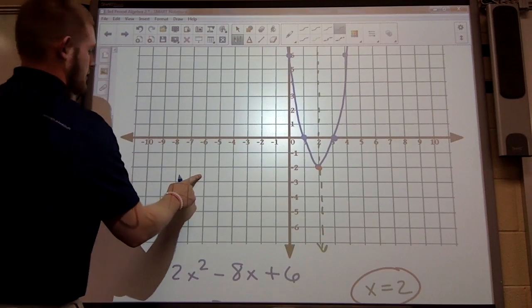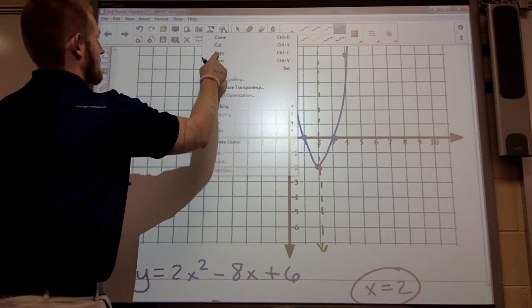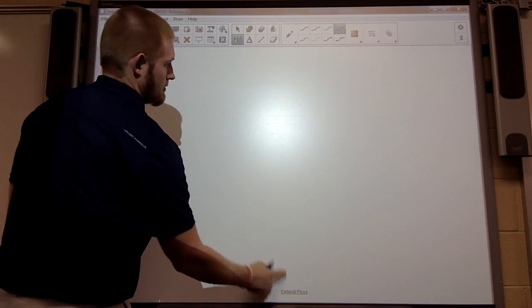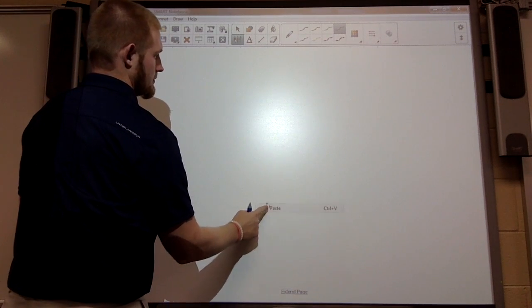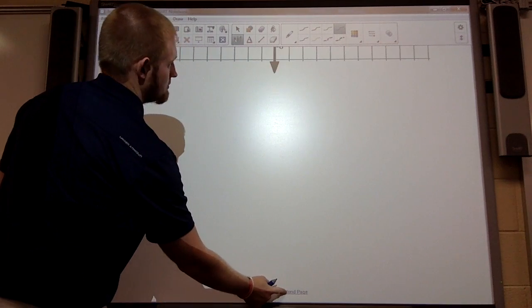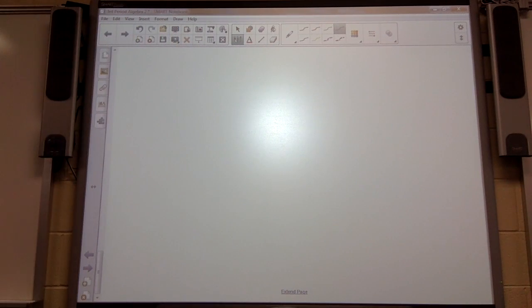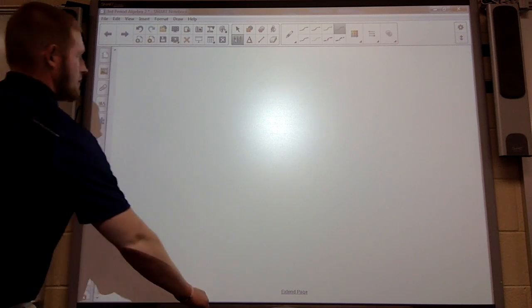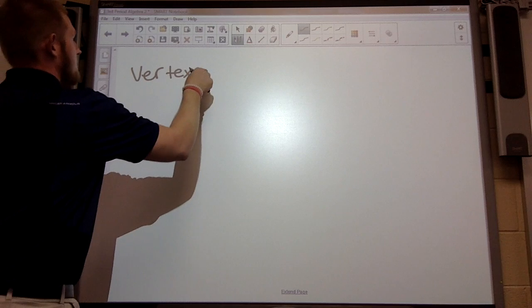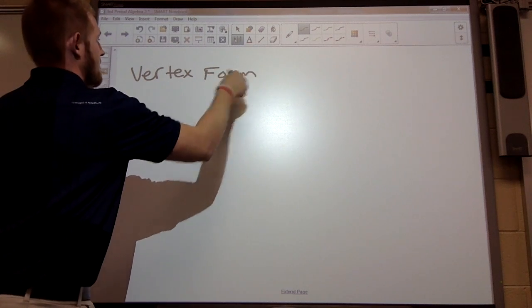Okay, our next one we're going to take a look at is vertex form. So get another graph up here. Okay, vertex form. The other one was standard form.